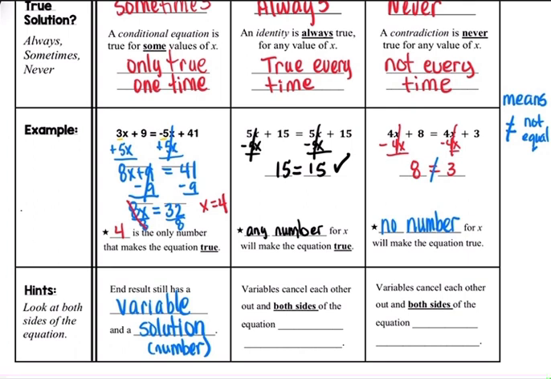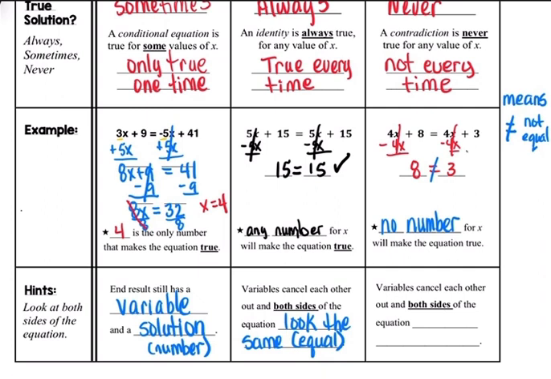That's how you know you have a one solution equation. If you have an infinite solution equation, both sides of the equation will look the same. Of course, the variables will cancel each other out, but both sides of the equation will look equal. That's how you know you have infinite solutions.